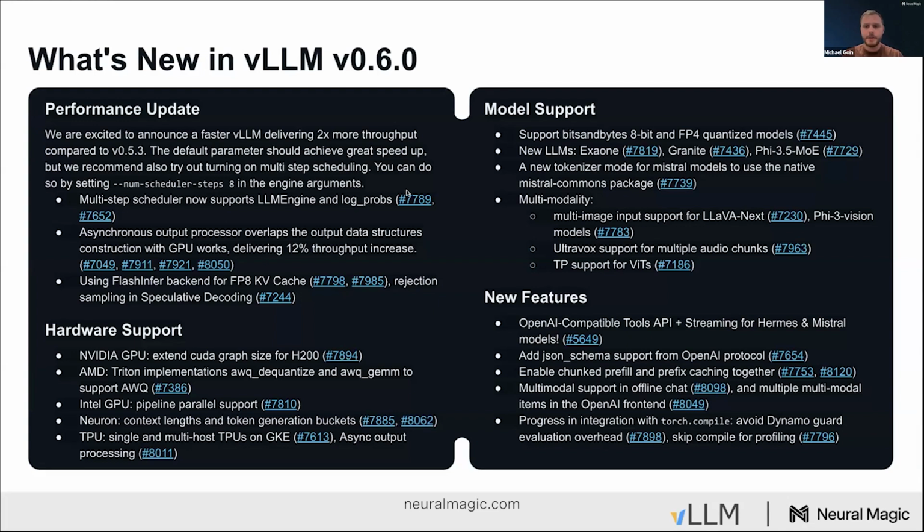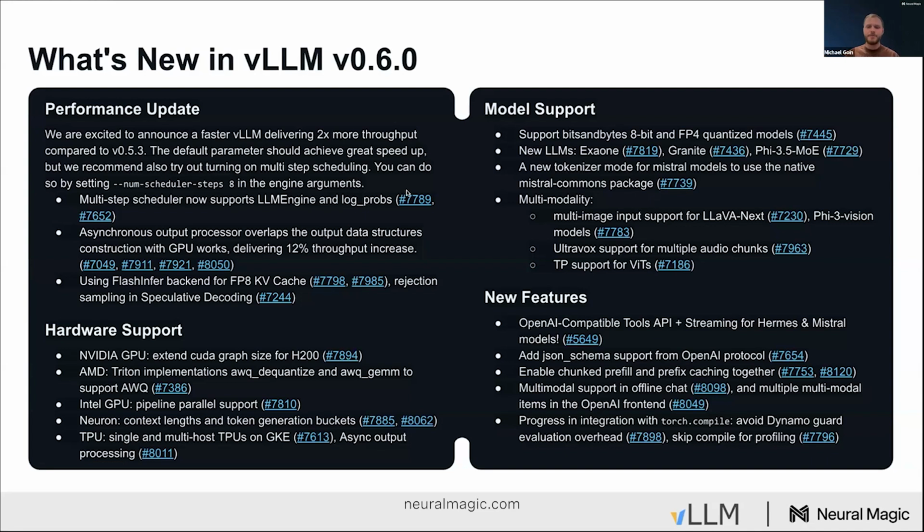Mistral has been contributing fixes to get accurate tokenization for their models. And as I mentioned before, a lot of additional work on improving vision language models, and particularly trying to expand outside of just single images, and expanding into audio as well.